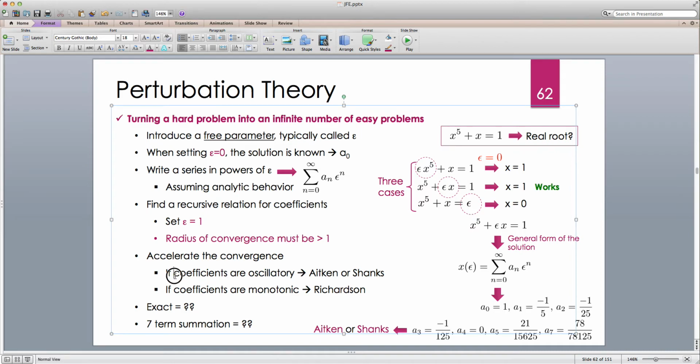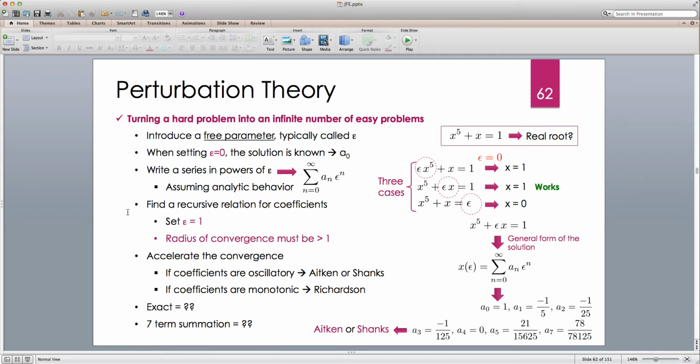If the coefficients turn out to be oscillatory, we apply Aitken or Shanks. If the coefficients are monotonic, we apply Richardson, and we can get a much faster approximation. So we don't need to calculate maybe 20-30 terms. Maybe we can just calculate the first 10 terms and then apply twice the Aitken transform or Shanks transform, and then we get a much more accurate result for the original series, right?